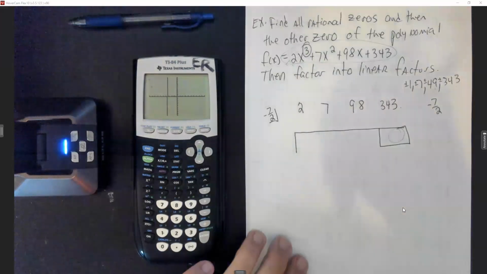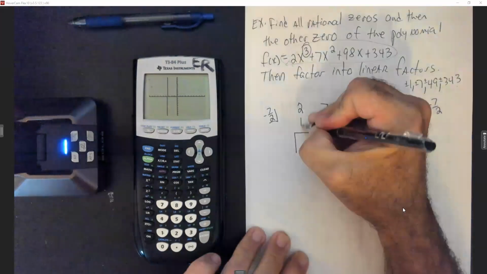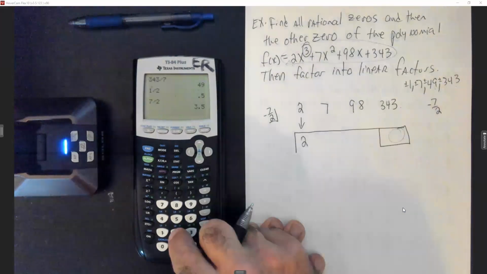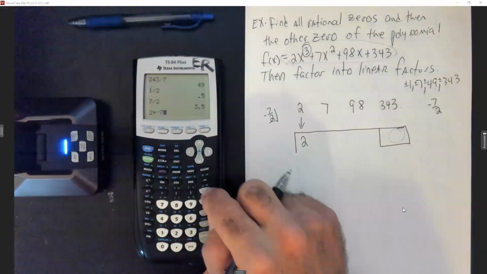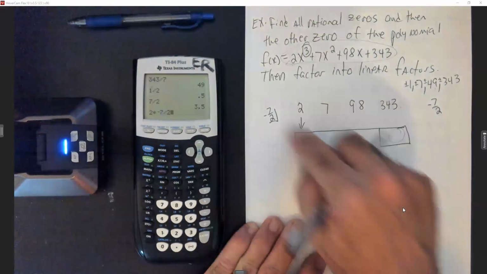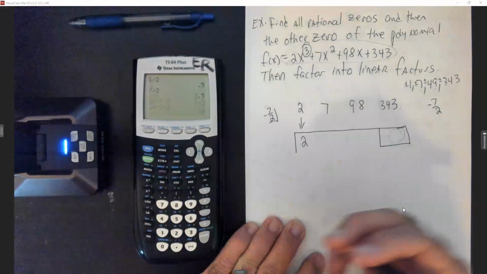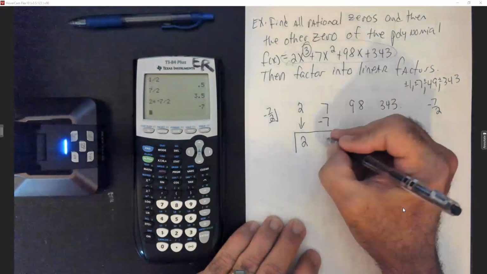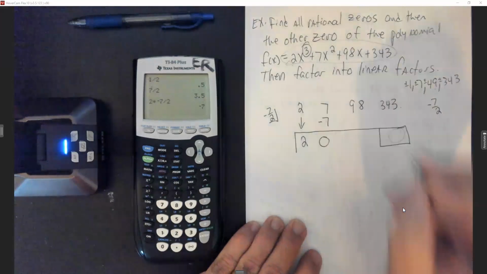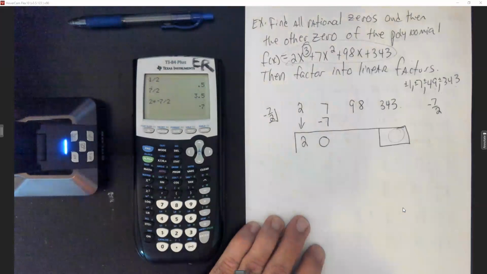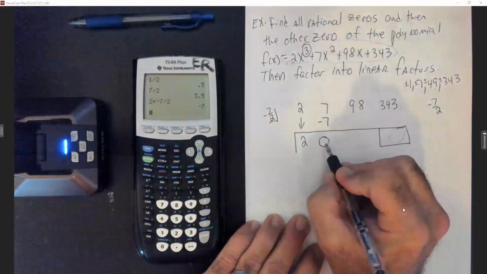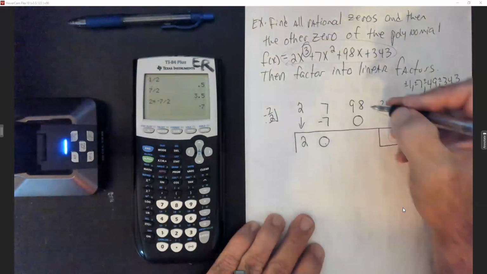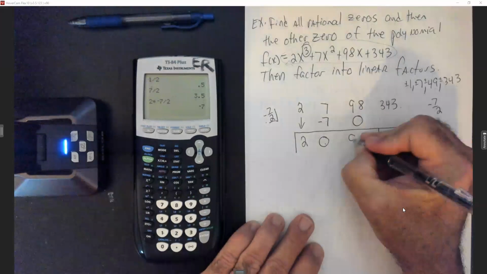All right, y'all, watch this. 2 comes down. 2 times a negative 7 halves, 2 times negative 7 divided by 2. You're going to notice the 2's will cancel, and that should give me what? A negative 7. All right, 7 plus a negative 7 is 0. 0 times negative 7 halves is 0. 98 plus 0 is 98.